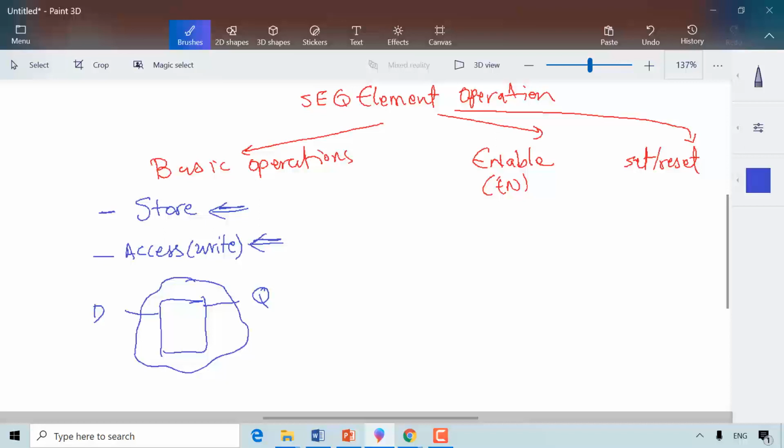Now, in terms of the enable operation, sometimes we provide an enable pin. I forgot to mention, this is a clock here, and I'm assuming that I'm having a flip-flop. Notice this triangle here. This indicates it's a flip-flop. The absence of this triangle means what? A latch.